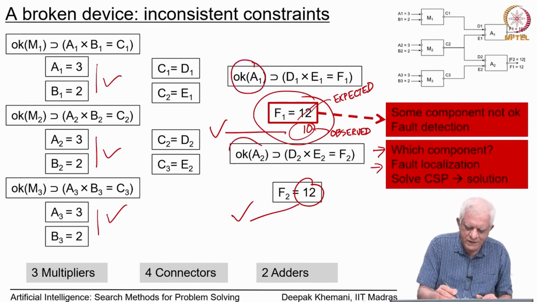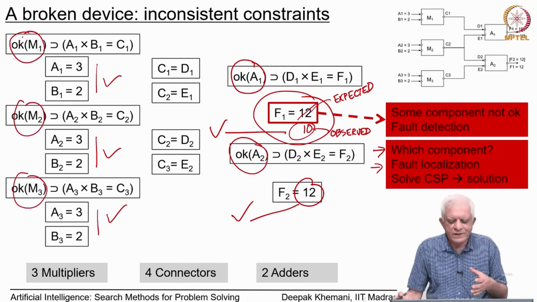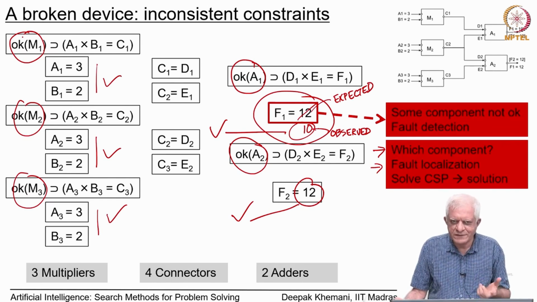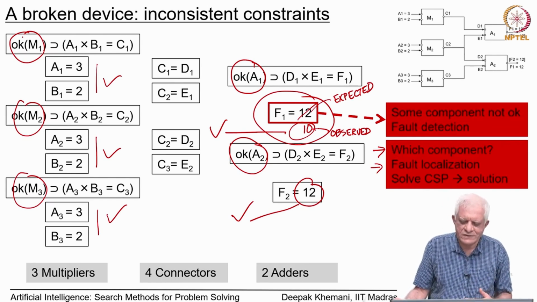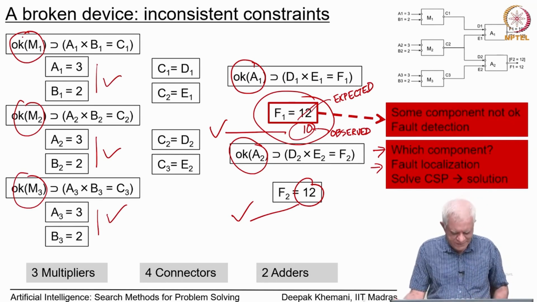We said A1 is OK, A2 is OK, M3 is OK, M2 is OK, and M1 is OK. For this whole network to be consistent, one of those will have to change, and that will be given to us in the solution. And this approach to diagnosis is also called consistency based diagnosis.